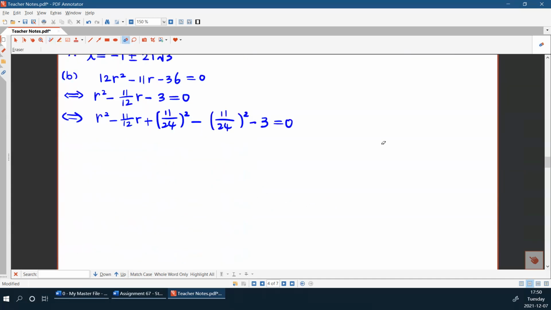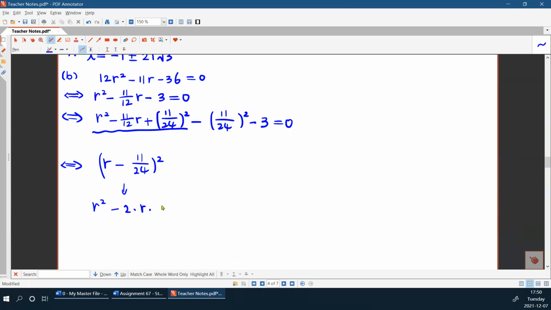All right, so from now on, the first part can be rewritten as r minus 11 over 24 squared, right? And remember, you can always verify a result. If you verify that, this is r squared minus 2ab.